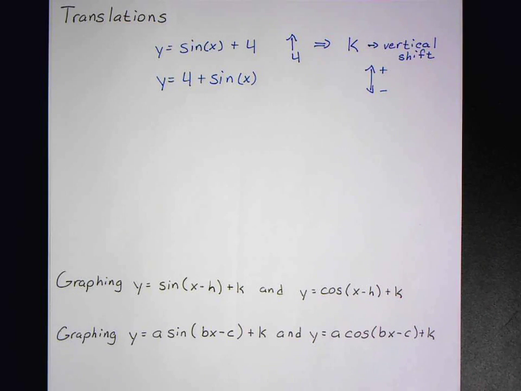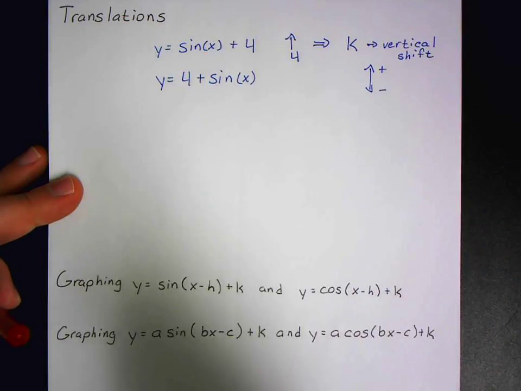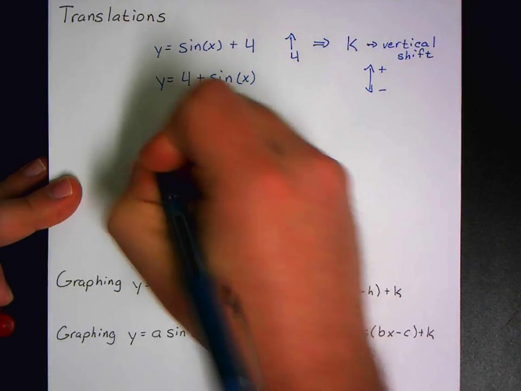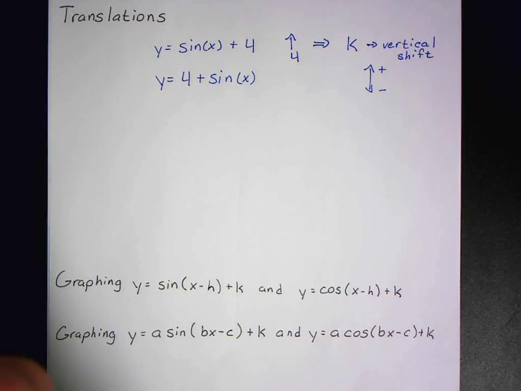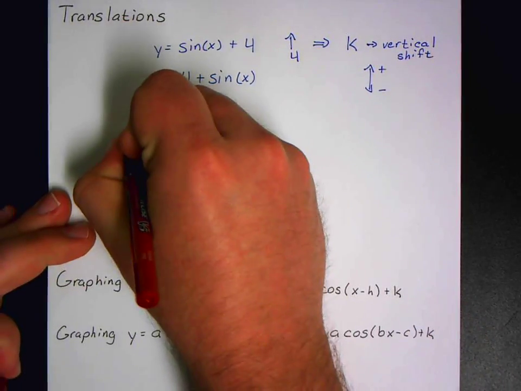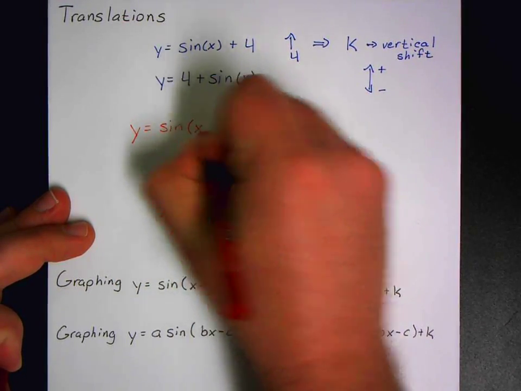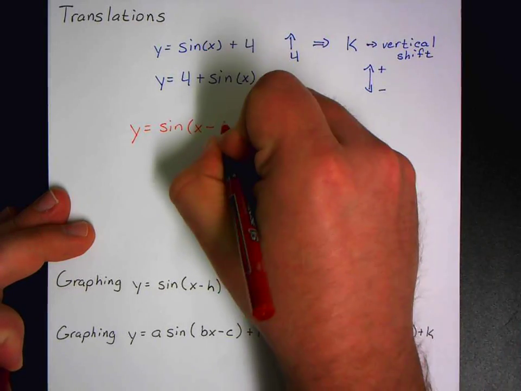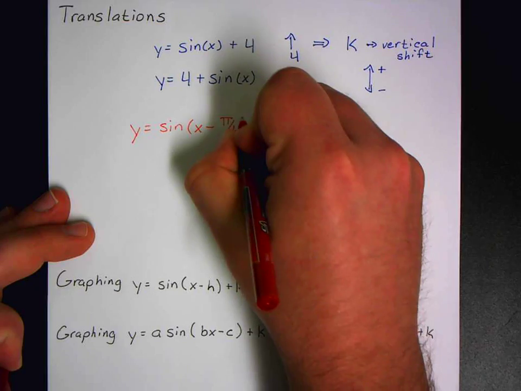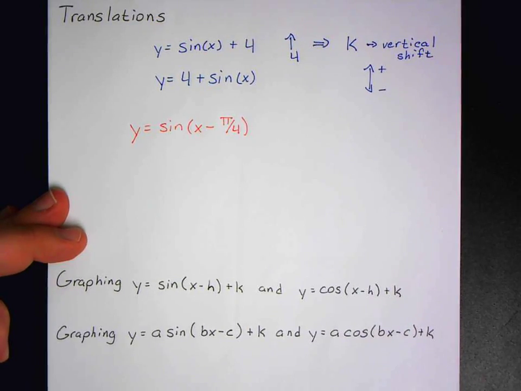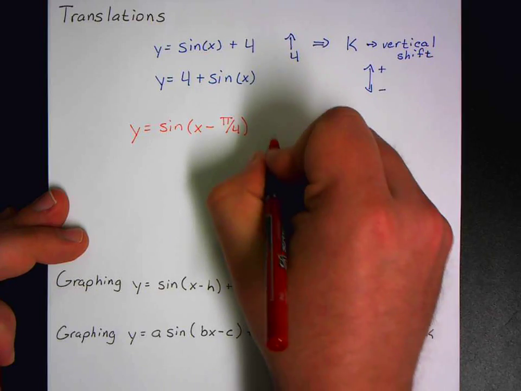H is the one that's going to cause us a little bit of problem. Now, if H was all by itself, no issues. If I had just something like sine of x minus pi over 4, that'd be nice and simple. Remember, with being on the inside, we always do the opposite.